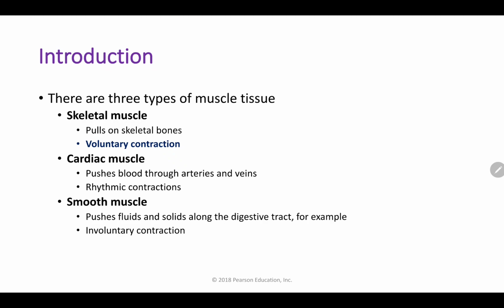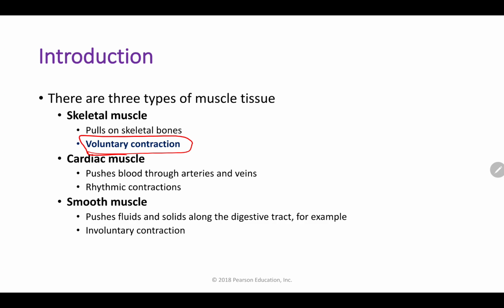When we're looking at the muscular system, we have three types of muscle tissue. There is skeletal muscle that helps to pull on skeletal bones, and we have voluntary contraction of skeletal muscles. We have cardiac muscle that helps to push the blood through the arteries and the veins. That's going to make up your heart.